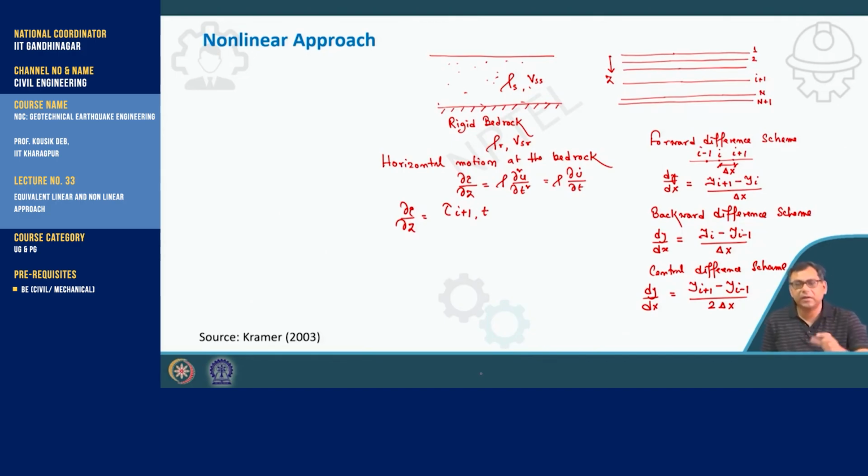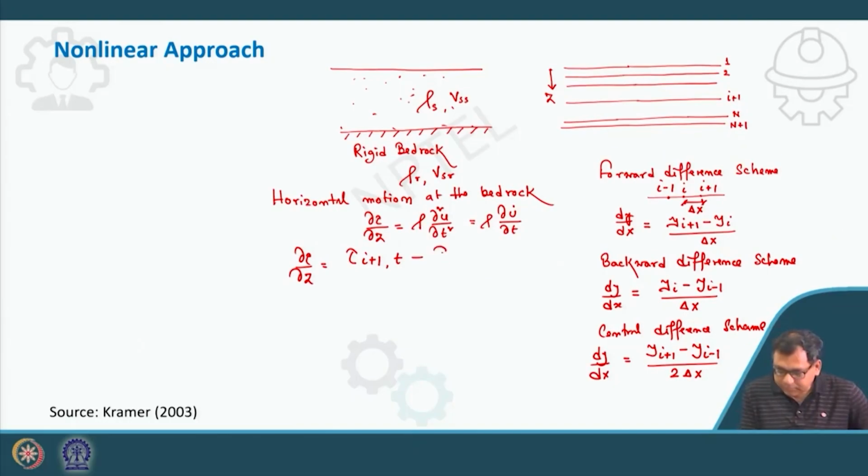Even in a single layer, if the G value changes, then G is a function of z and t. So, tau I t minus tau I, this is at I and a function of t. It is for a particular time that we are applying the finite difference scheme along the z, the depth.